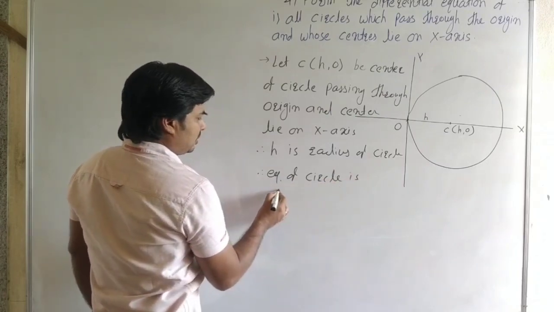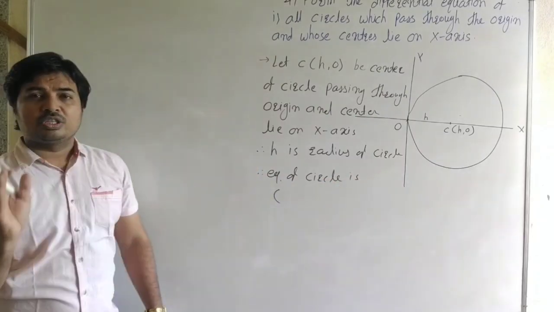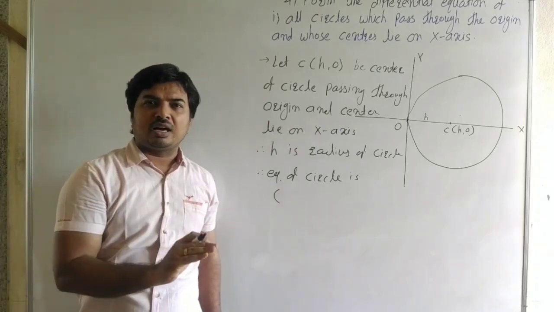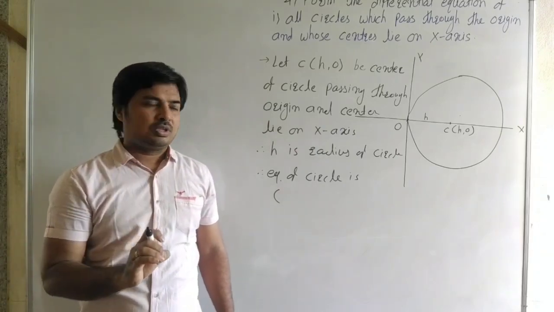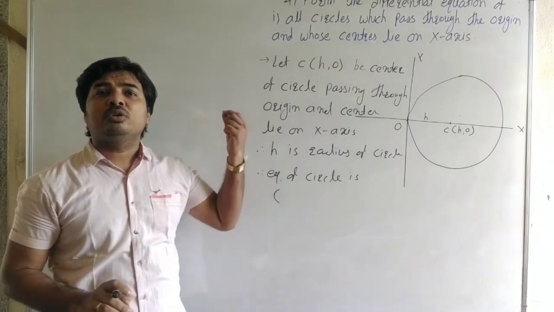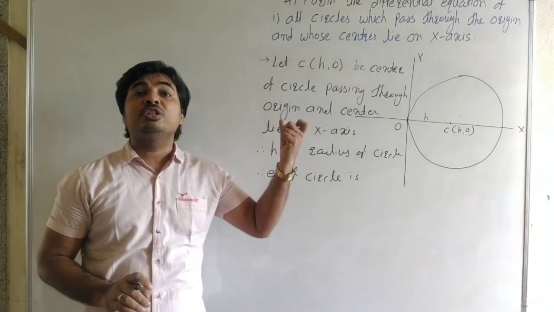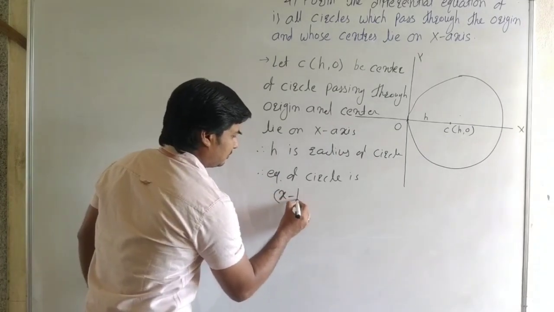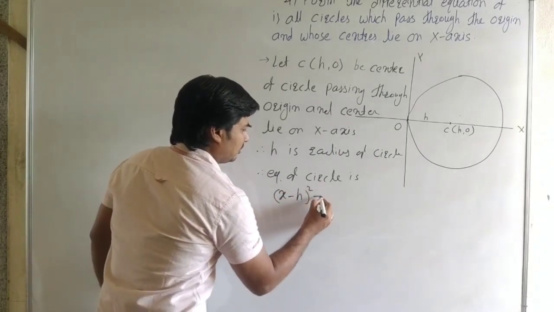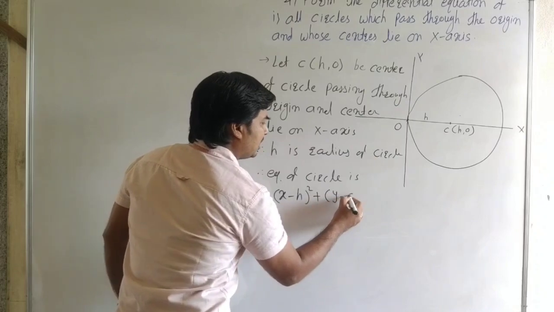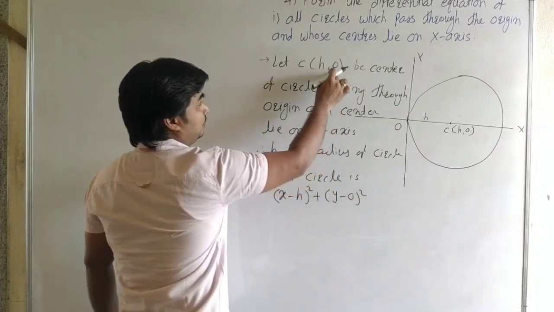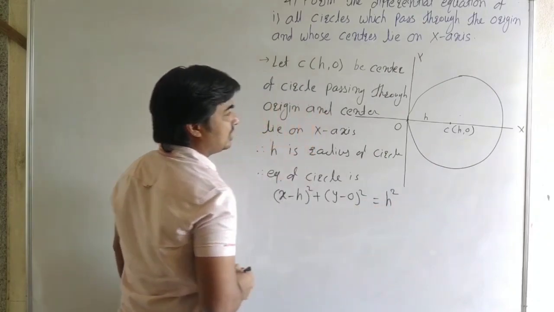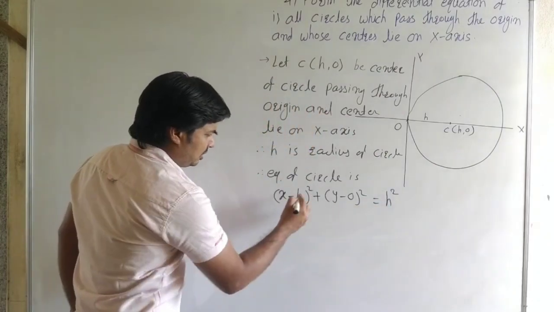We know that when the center is (h, k) and the radius is r, the equation of the circle is (x minus h) whole square plus (y minus k) whole square equals r square. Therefore it is (x minus h) square plus (y minus k) square, where k here is 0, equals r square, the radius square, and the radius is h. Now first we simplify this.